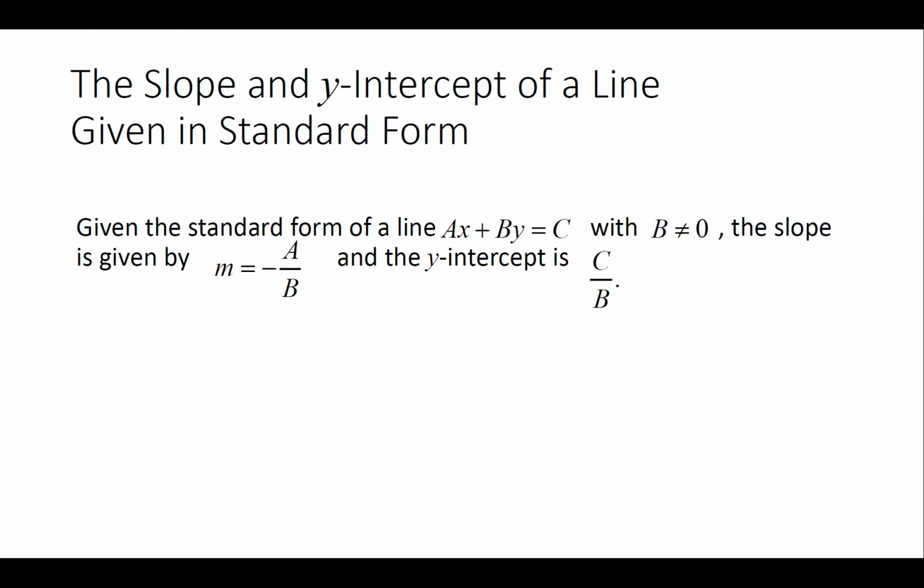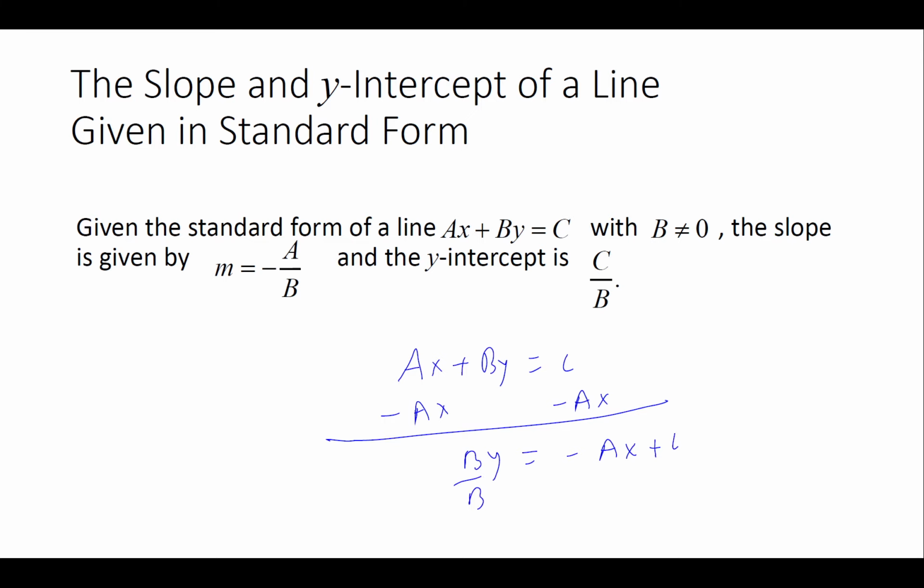If you have the standard form of an equation of a line, then you can always find out the slope and intercept from that standard form. So how do you do that? Ax plus by equals c. To find out the slope, you just have to bring this x term here, and that will give you by equals negative ax plus c.